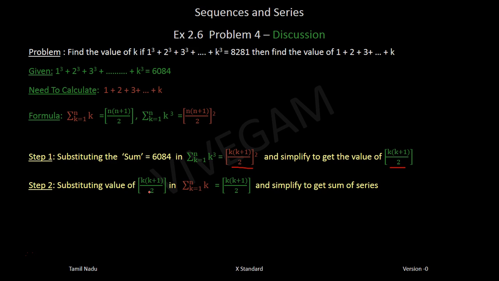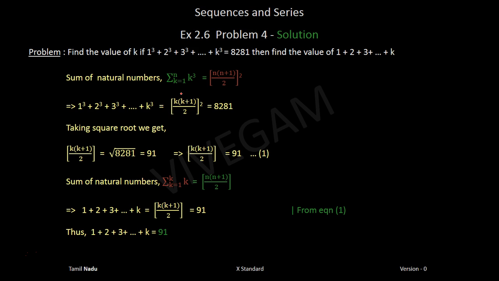You got it? So all you need to do is take the square root of 6084 and get the value of k into k plus 1 by 2, which is the sum of the natural numbers up to k. Very simple. Okay. So pause the video here and try to work this problem in your notebook and come back and check your working against our solution.